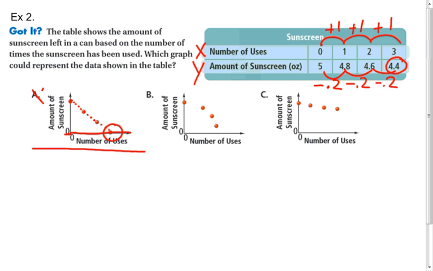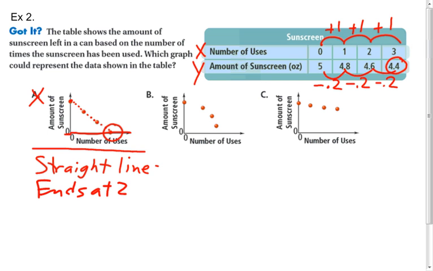So it can't be letter A. It is a straight line, which is what we needed. But in part A, it ends at 0, and our table doesn't end at 0, so that one doesn't match.